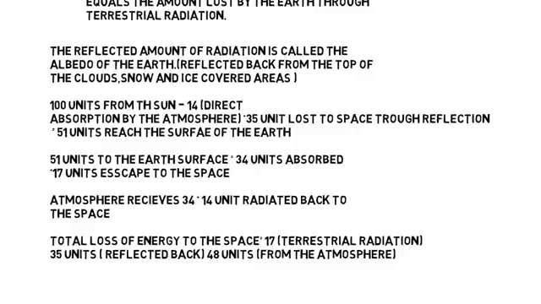So the total loss of energy to space thus amounts to 100 units: 35 units reflected, 17 units lost as terrestrial radiation, and 48 units from the atmosphere. In this manner, no net gain or loss of energy occurs in Earth's atmosphere.